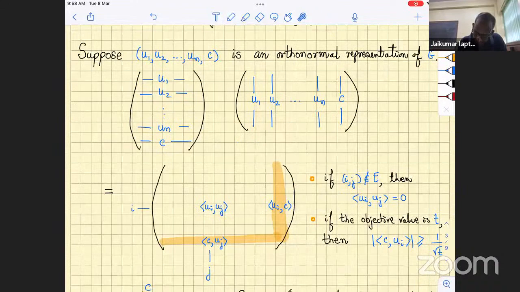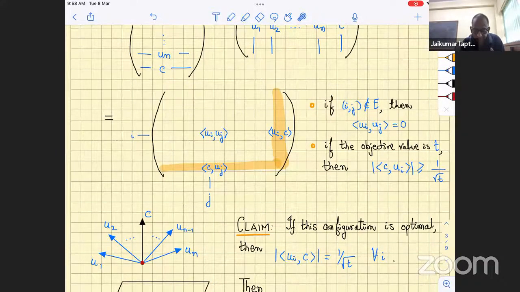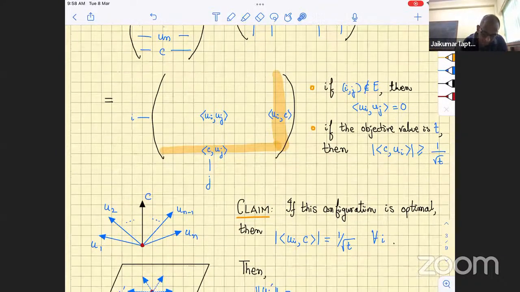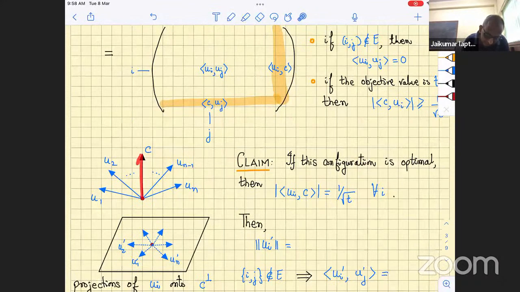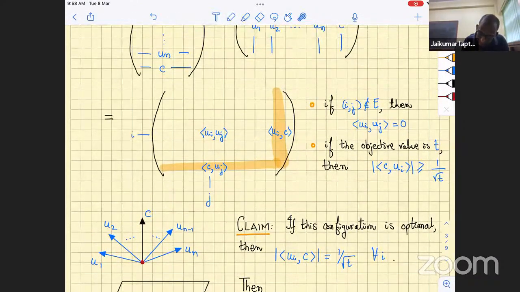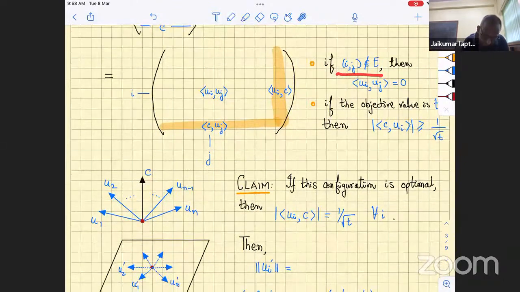So somebody has given us this realization of c and this assignment of vectors so that whenever two vertices are not connected by an edge, the corresponding vectors are orthogonal, and each of these vectors has a good component, at least 1 over square root t on this handle.